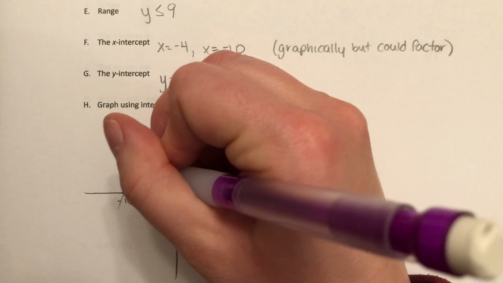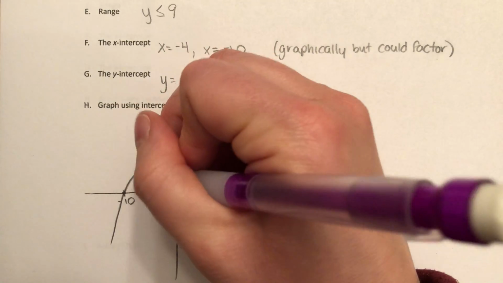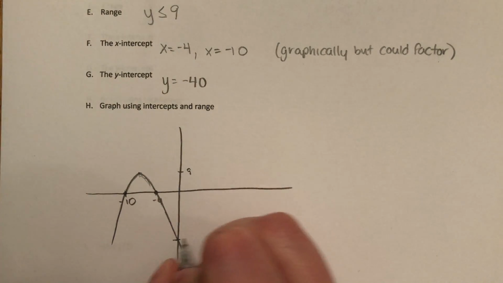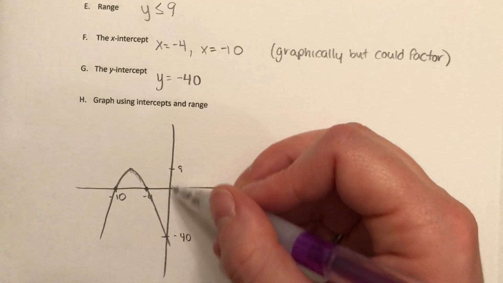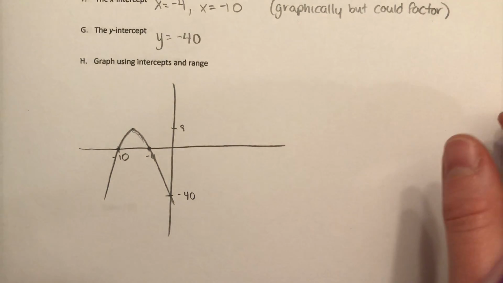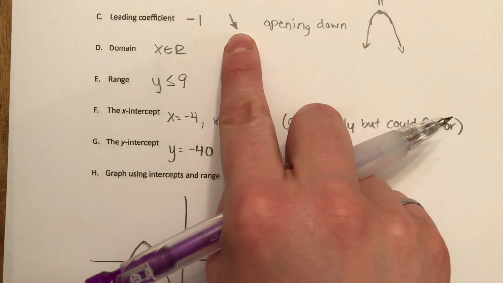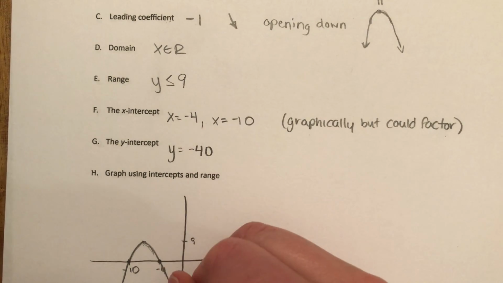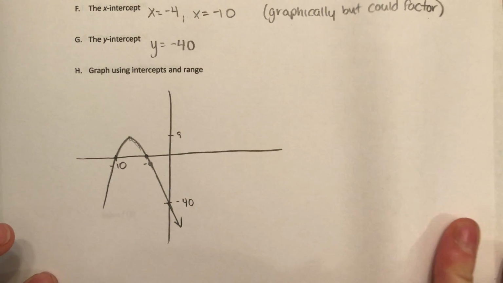And if I draw this as accurately as I can, this looks like it's almost 4 times lower than this is, right? So there's my y-intercept of negative 40. Again, we see that leading coefficient being negative, it's going down to the right, and that's always going to be true.